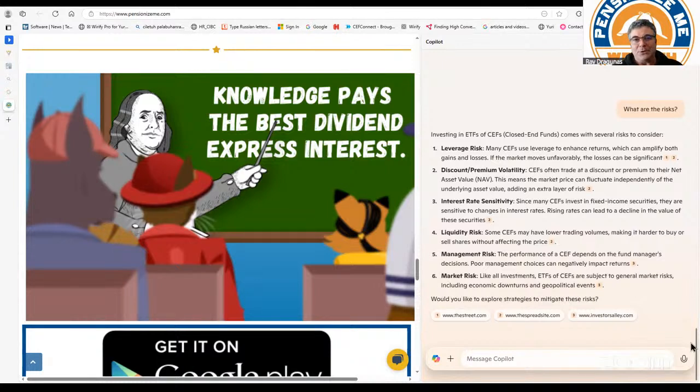We are looking to generate, for lack of better words, alpha off of the volatility in the pricing. I like to say that people are seeking alpha, and that's a very popular website and portal for a reason. They're seeking alpha and finding beta, and we are seeking beta and finding alpha. Which again sounds contrarian, sounds opposite.